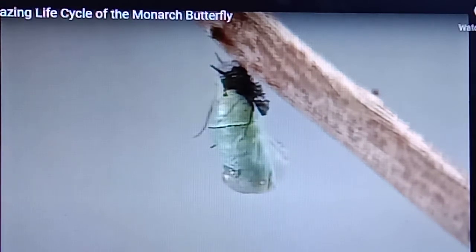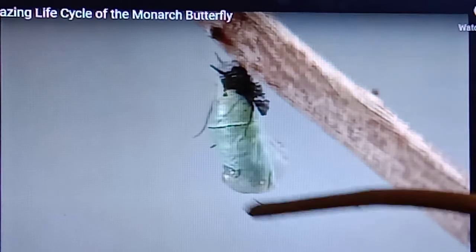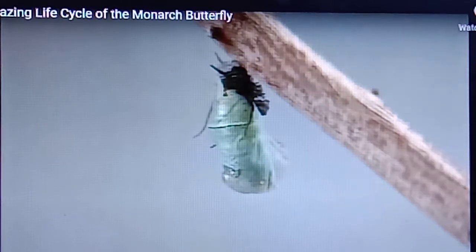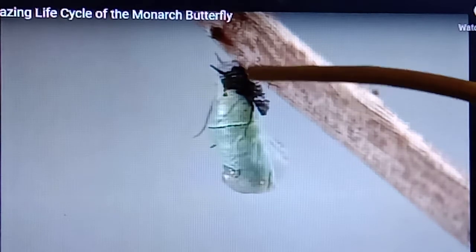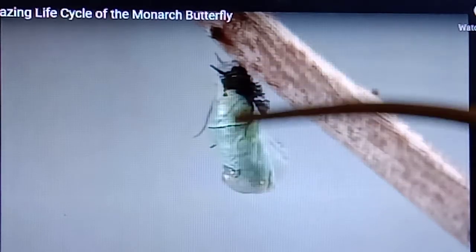Now, it is no longer called a caterpillar, but it is called a pupa. This pupa of a butterfly is also called a chrysalis.